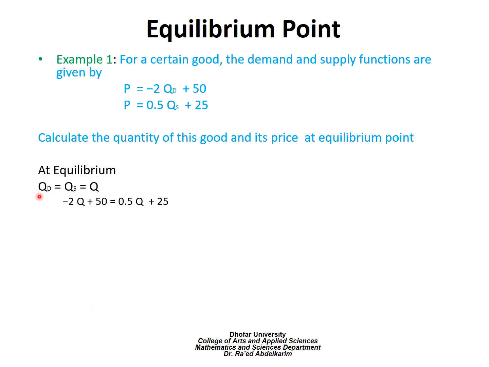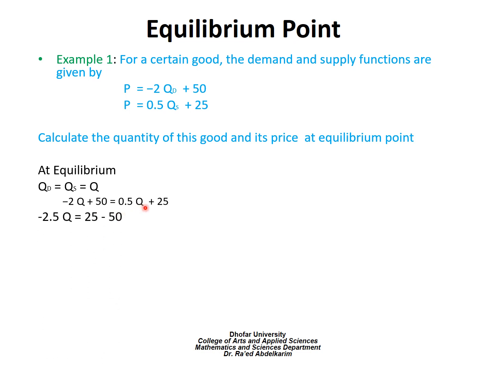Under this condition, QD equals QS equals Q, the right sides of the two equations will be equivalent. Why? Because the left sides of the two equations are equivalent, P and P. So the right sides of the two equations are also equivalent. We will write here the right sides of both equations.